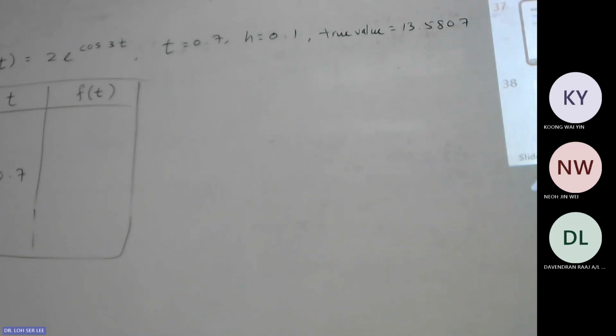There is no degree symbol, so you have to use radian.